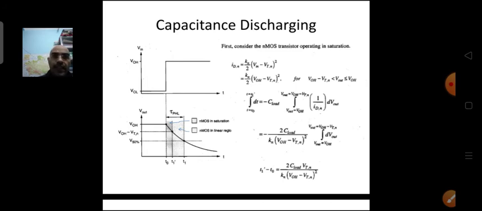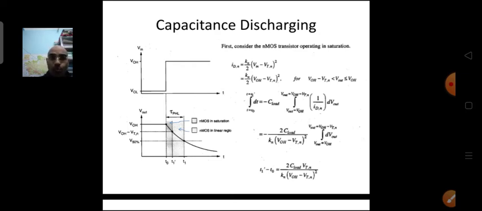So your transition takes place when the input changes from VOL to VOH. As I have already told you, we are considering the ideal input waveform, so it doesn't have any rise time. Then the output will start to change as soon as the input has changed. So the input is becoming VOH and now the output starts changing.